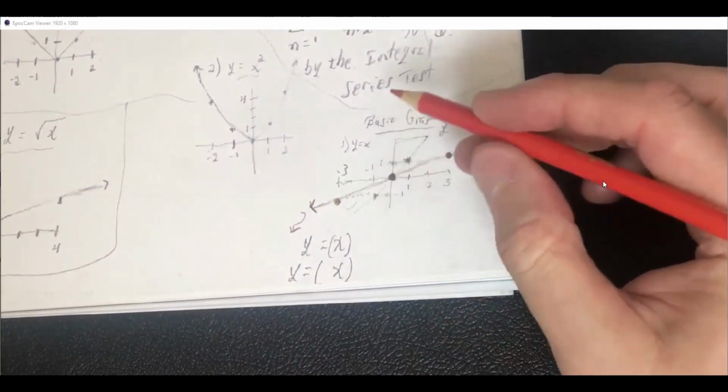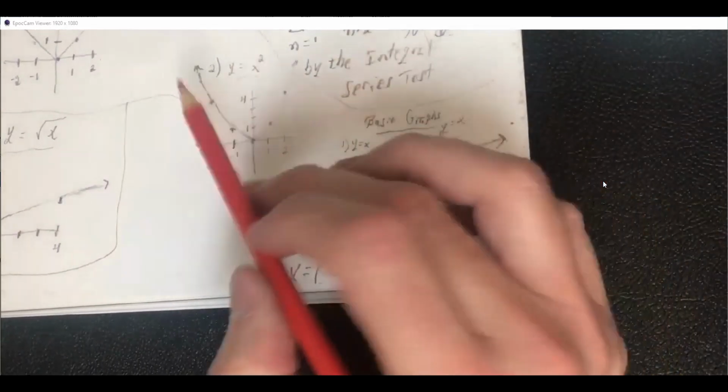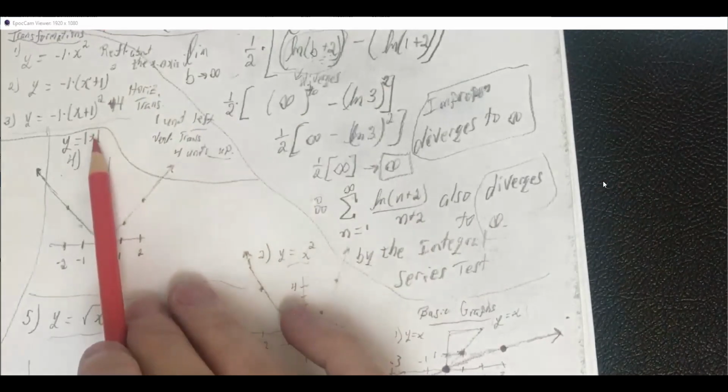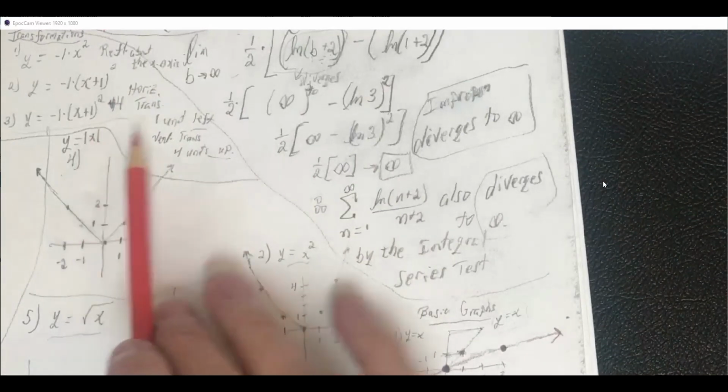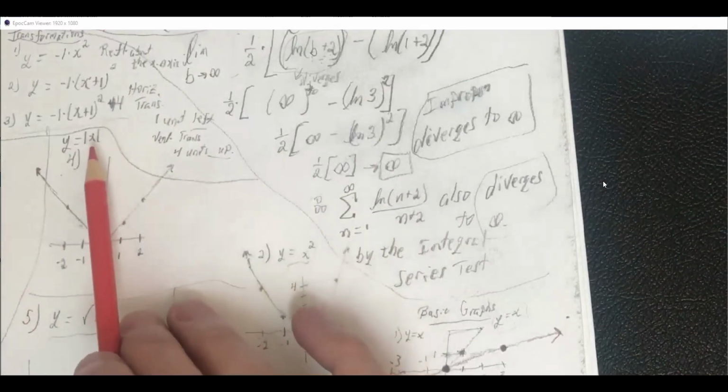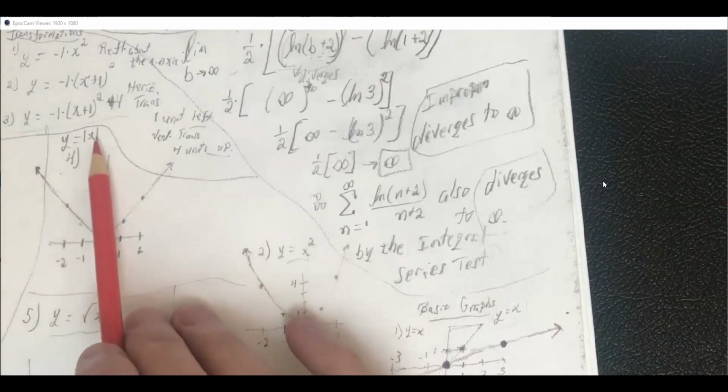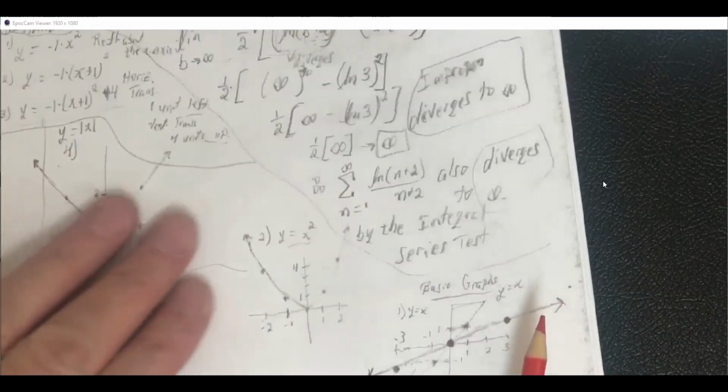So for example, if you have absolute value of x plus 4 inside, well, because it's a change next to the x, that's a horizontal change, and you do the opposite of it. So when we said plus 4, we didn't really move this whole graph 4 to the right.